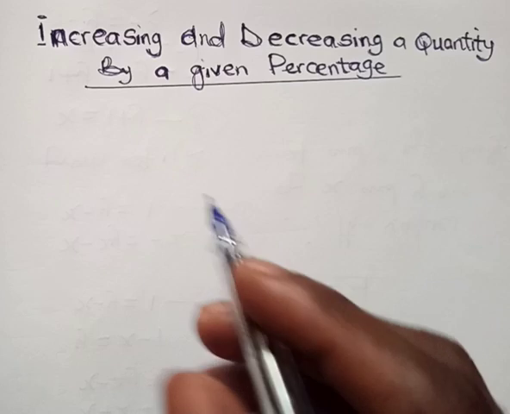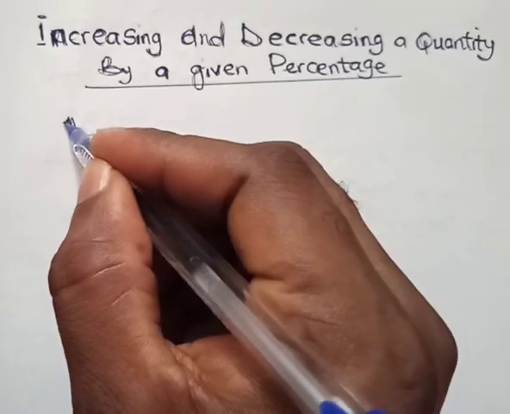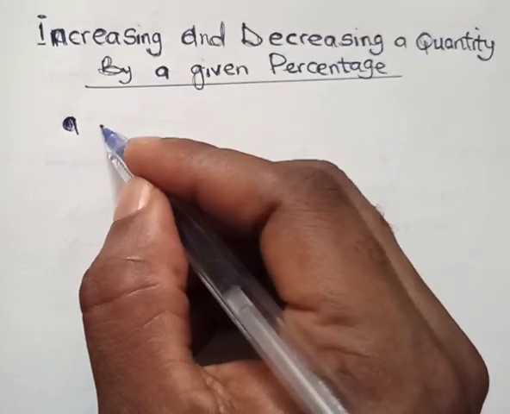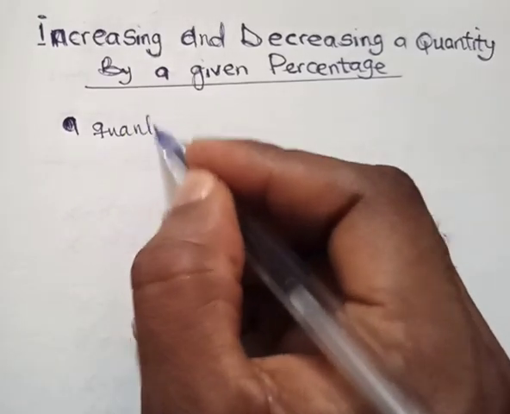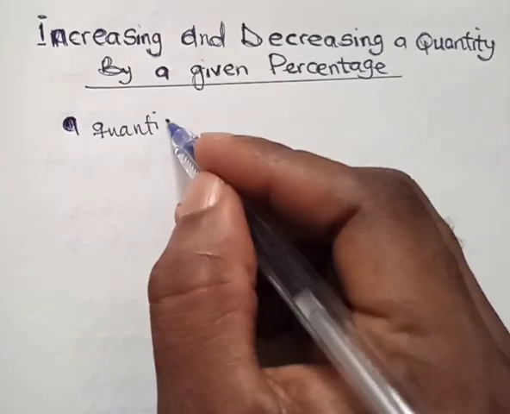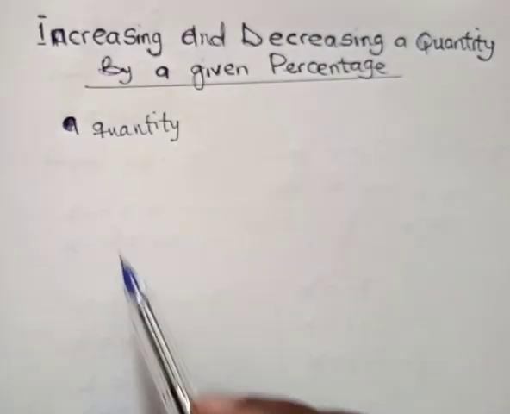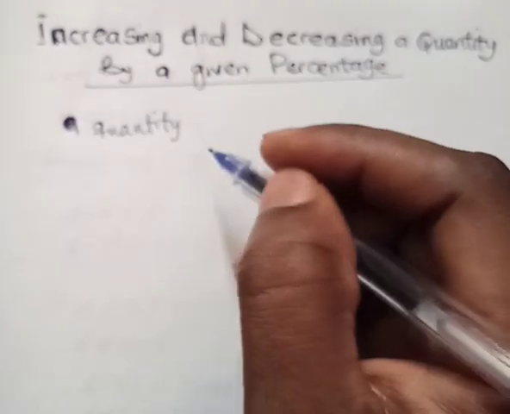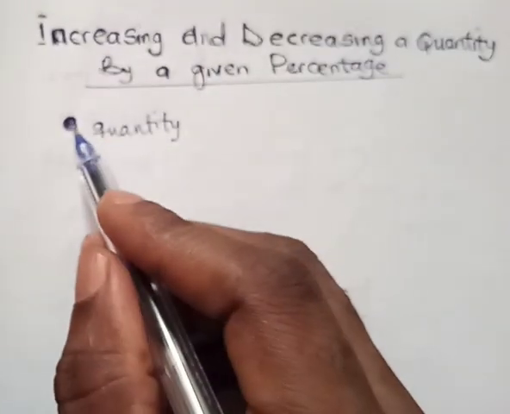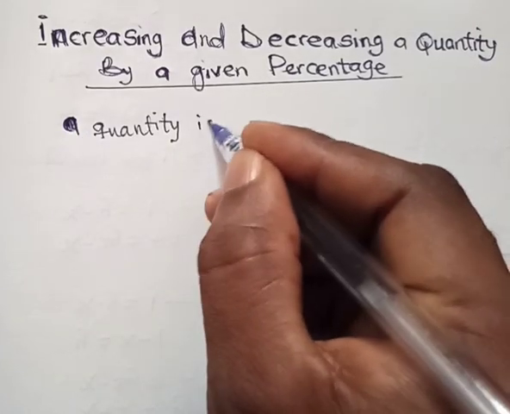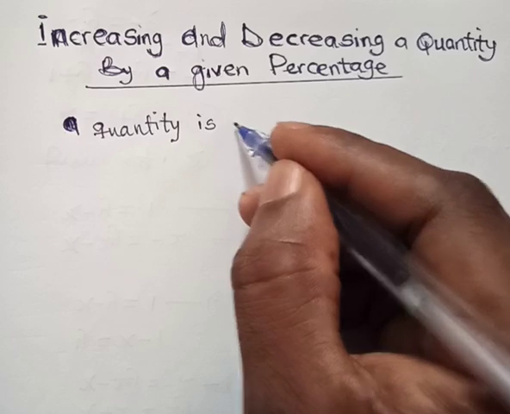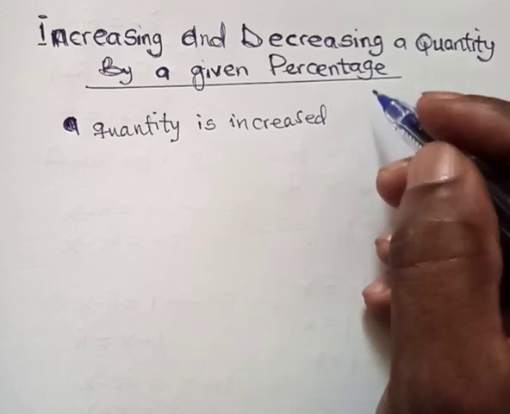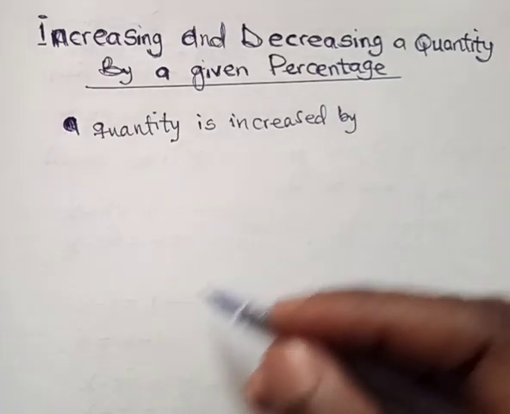Now let's say we have a quantity. If we have a quantity and we are asked to increase it, let's say this quantity A is increased by a certain percentage.